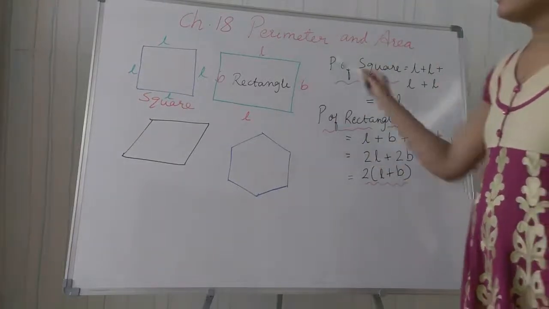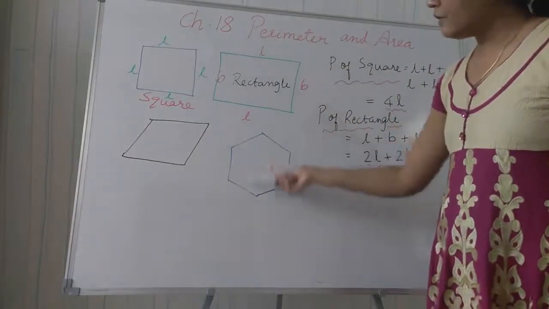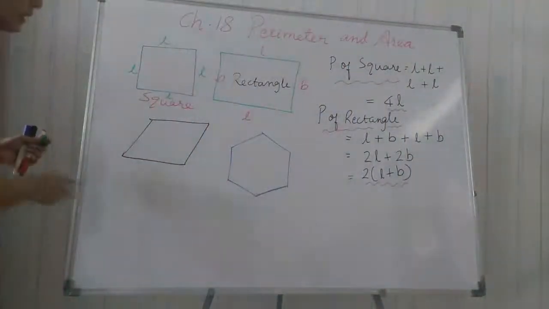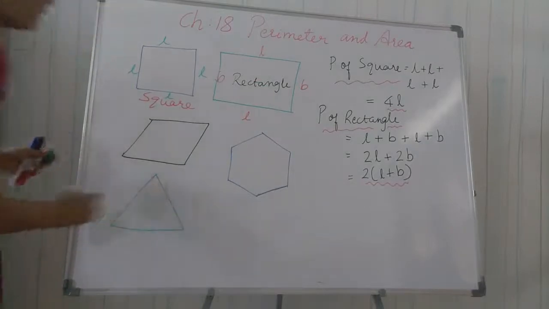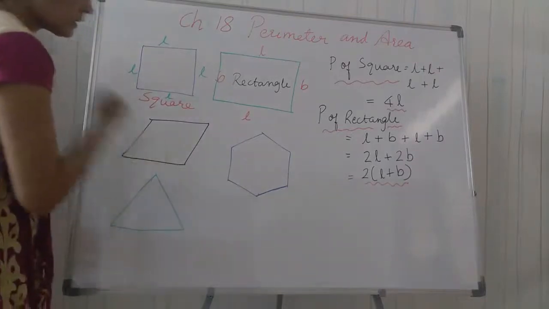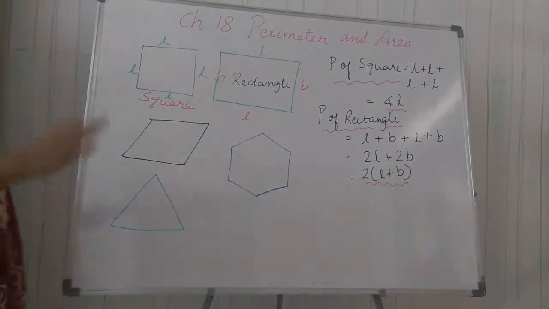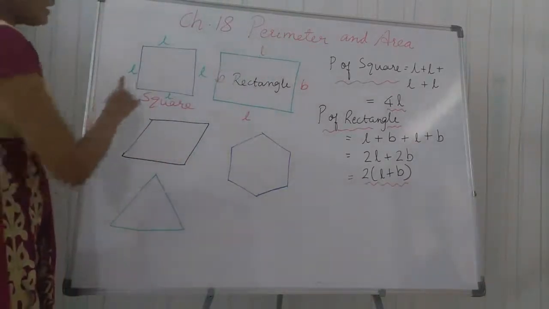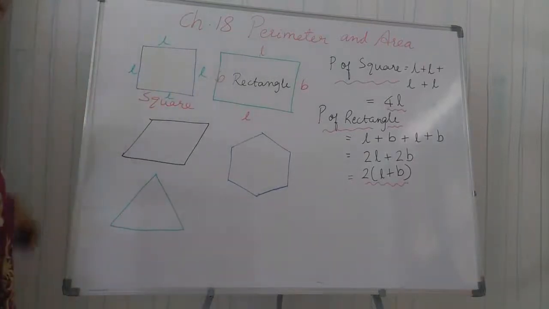If you add all the sides, there may be 6 sides. One more shape we forgot, that is triangle. In a triangle there are 3 sides. If you add all the 3 sides of a triangle, then we get perimeter. The definition of perimeter is that the boundary line of any shape is called its perimeter.